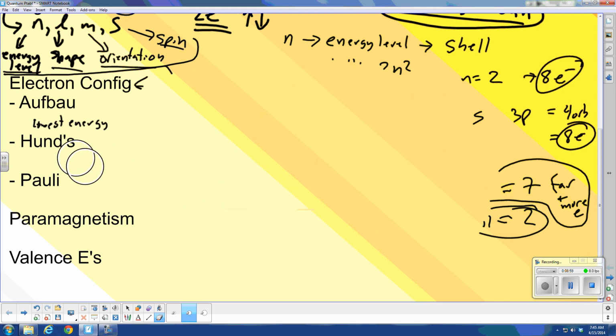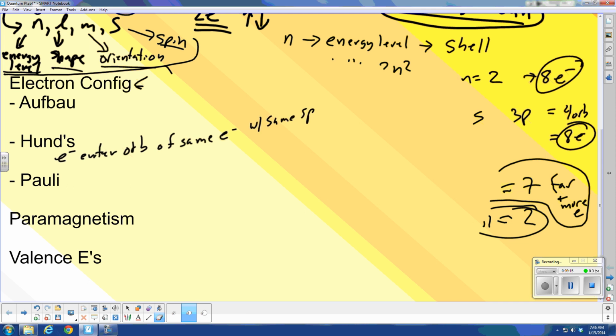So let's go back here to Hund's rule. Hund's is the second rule, and that says that electrons enter orbitals of same energy with same spin until each orbital of that energy has at least 1 electron, or has 1 electron.